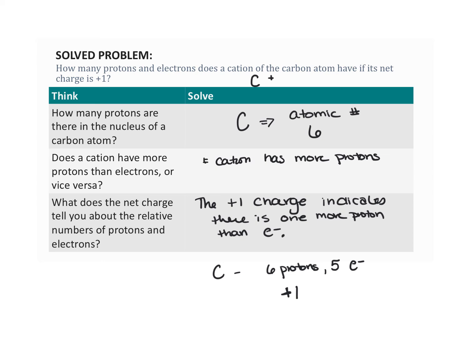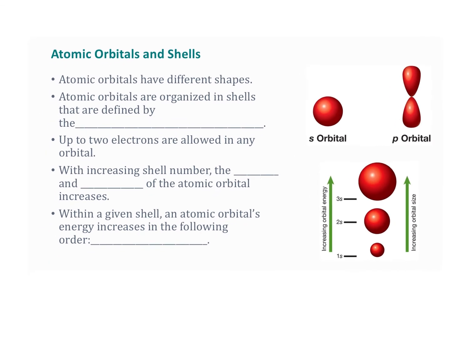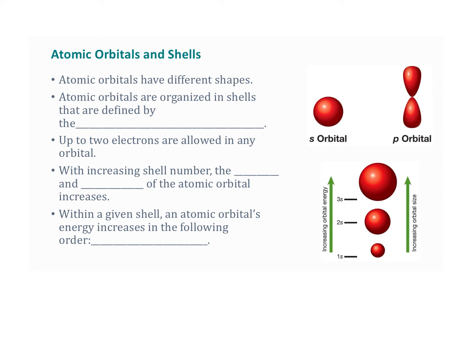Now, let's talk about where these electrons are. We know that electrons in an isolated atom hang out in atomic orbitals. Electrons are found in atomic orbitals.